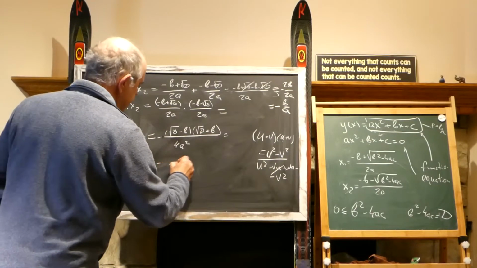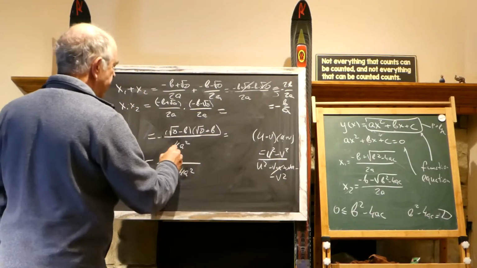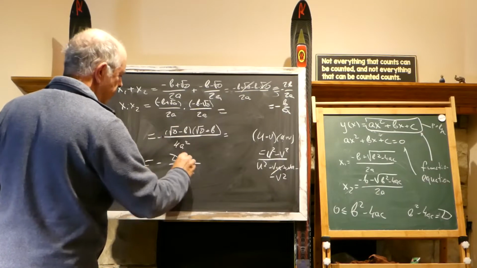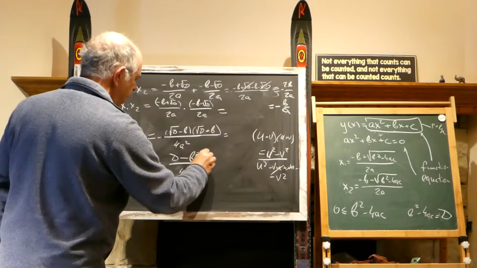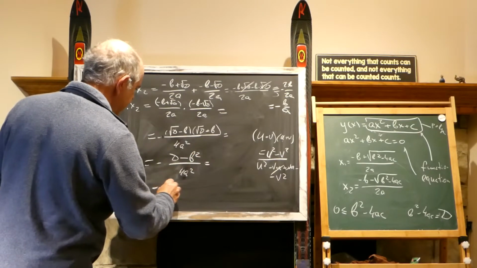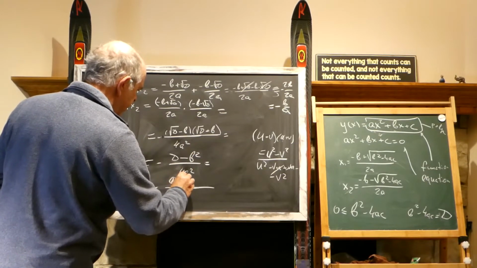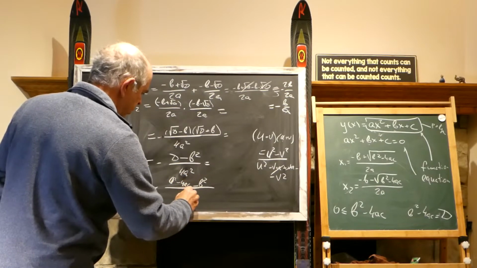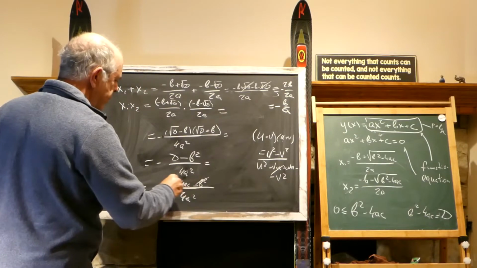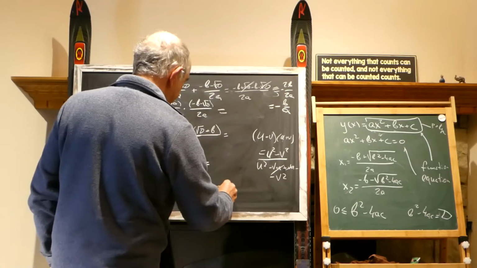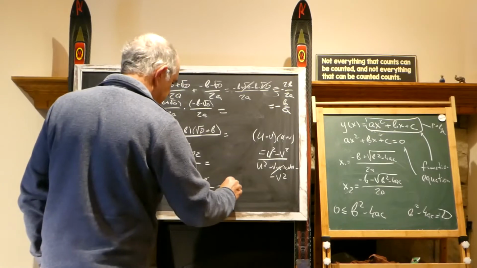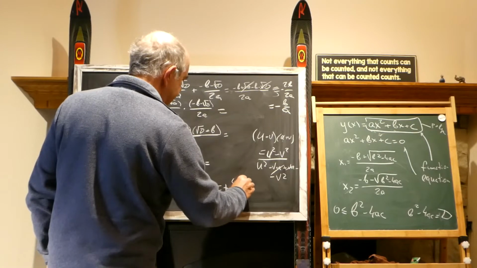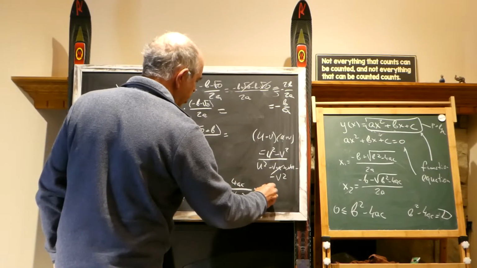So it would be minus over 4a squared, and here u squared would be d minus b squared. Okay, let's recall what d is. D is b squared minus 4ac, minus b squared. Okay, so b squared is gone, and we have minus over minus, it would be plus over 4a squared, and here would be 4ac, and we have c over a.